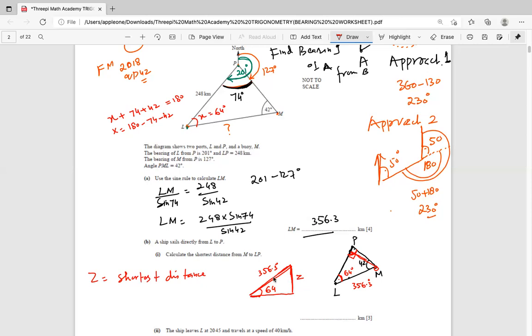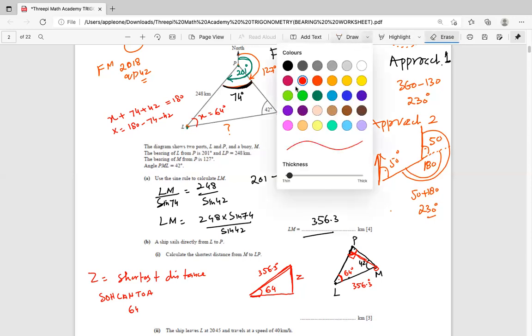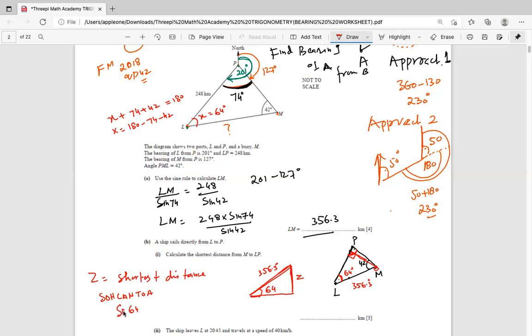Now, how to find the shortest distance here? We have the opposite side Z, the hypotenuse is 356.3, and the angle is 64. So this is opposite and hypotenuse, so that is cos 64. Sorry, sine 64, not cos, because it is opposite over hypotenuse. So sine 64 is Z over 356.3.